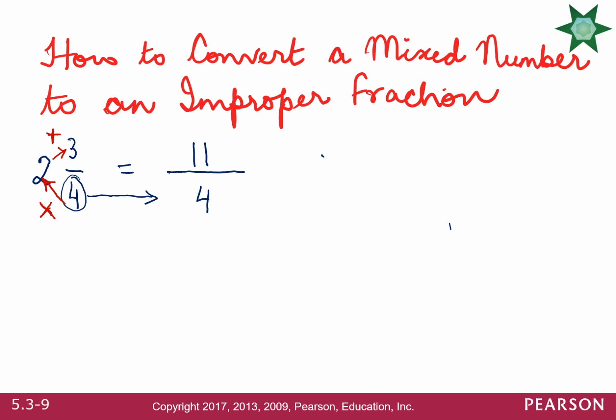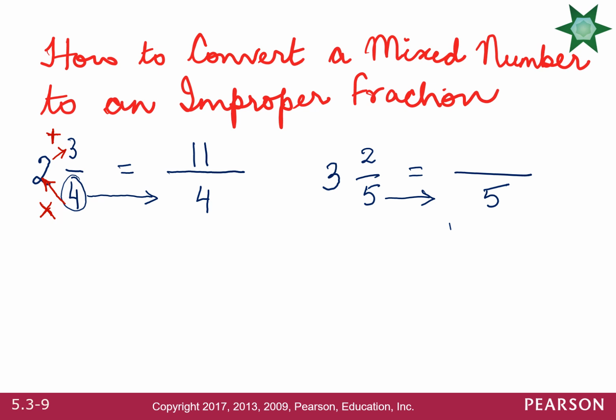Let's take another example. How about 3 and 2/5? Maybe I should write the 3 somewhere in between, so it doesn't look like 32. Again, same process. For the denominator of the improper fraction, we use the same denominator value, which is 5.